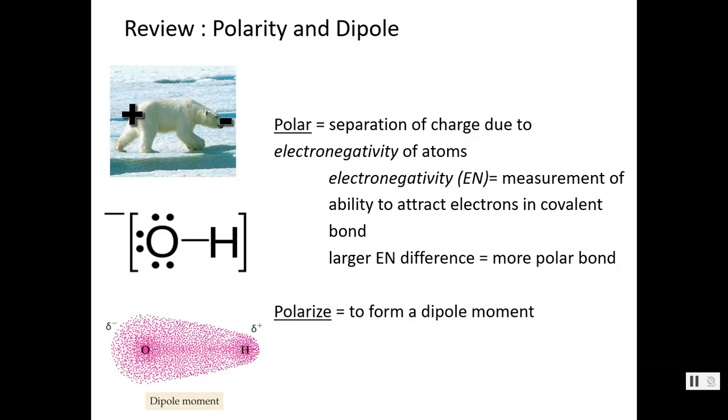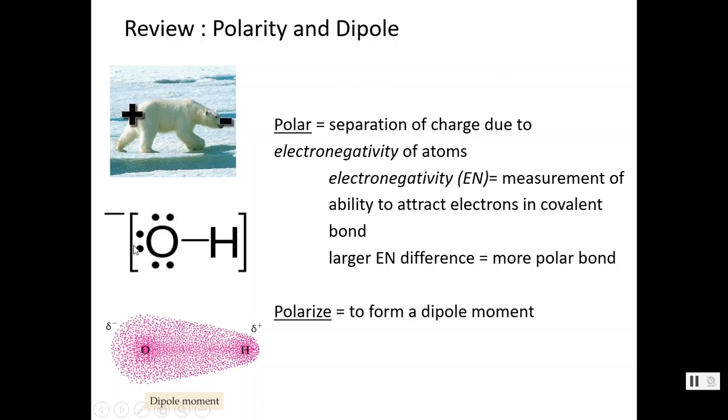So we said that in a covalent bond, those electrons between the two atoms are not shared equally. Some atoms, like oxygen, want to hog electrons more than others, like hydrogen. Hydrogen would much rather donate some of its electron density to oxygen than accept it.